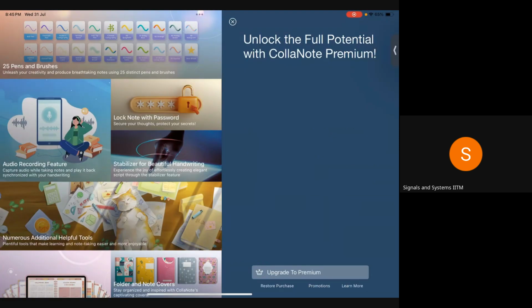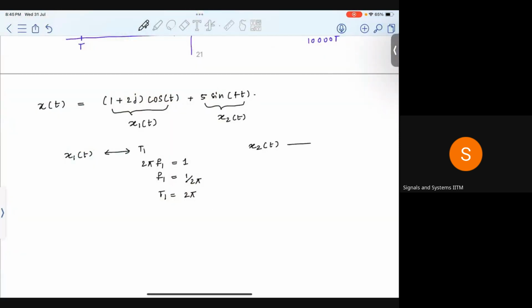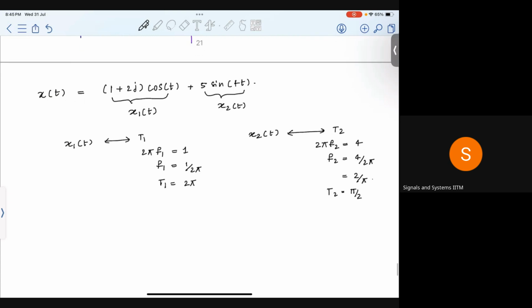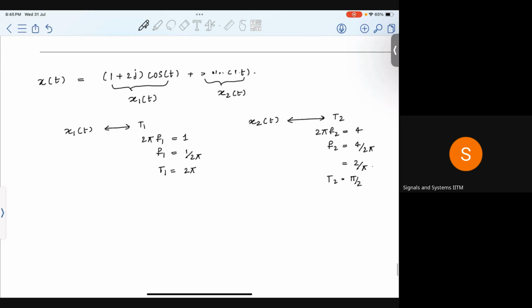x2 of t, let's say it has a fundamental period T2. 2 pi f2 is 4, f2 is 4 by 2 pi, which is 2 by pi. So T2 is pi by 2, right?